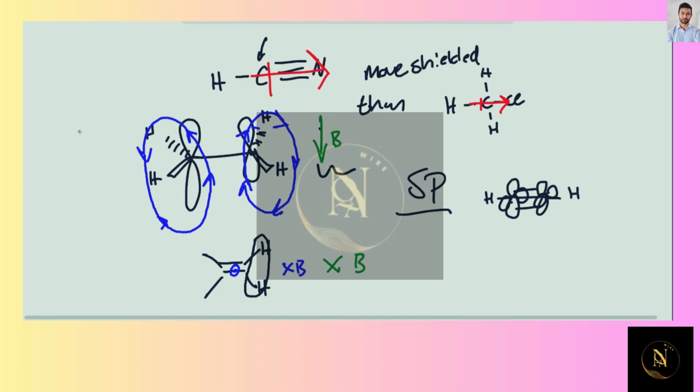In the case of the alkenes, the circulation strengthens the B field because it's in the same direction as the applied B field. In the case of alkynes or sp hybridized atoms, I'll just do it for acetonitrile. We've got carbon, nitrogen, and they've got their triple bond, right?